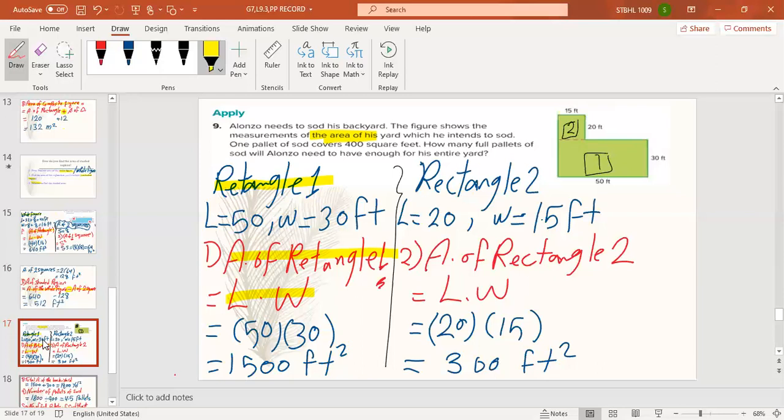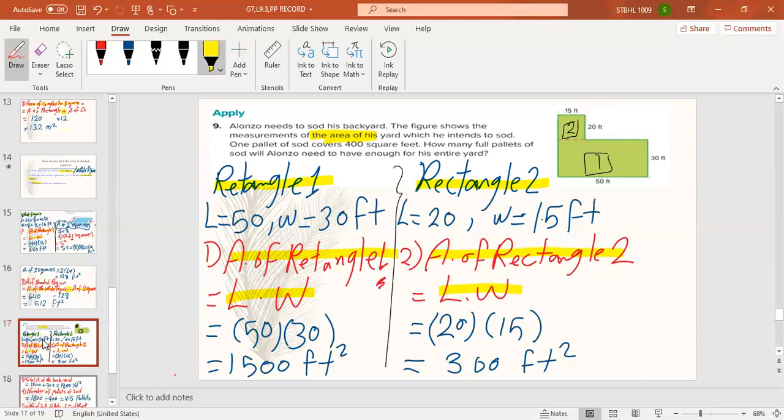And then we will go to rectangle 2, the top one. Rectangle 2 has dimensions 20 for length and 15 feet for width. Area of rectangle 2, same formula, length times width, which is 20 times 15 equals 300 square feet.